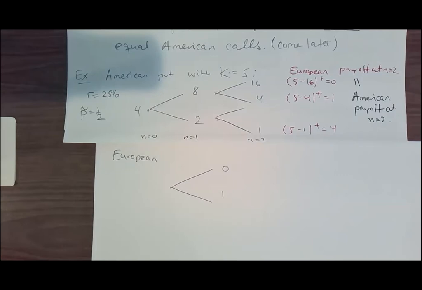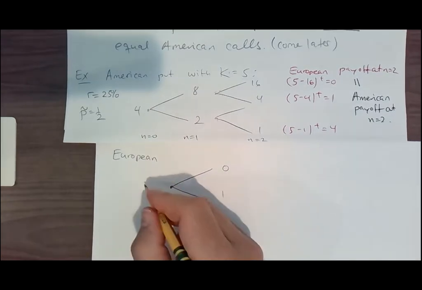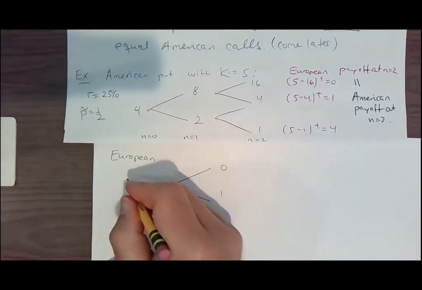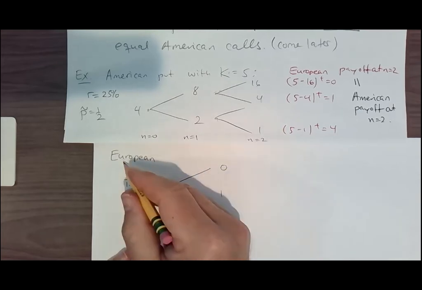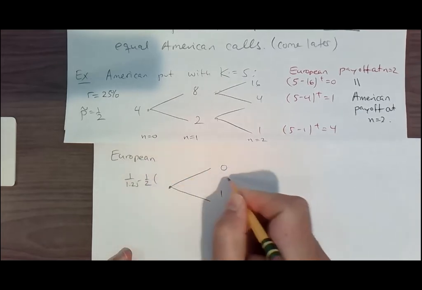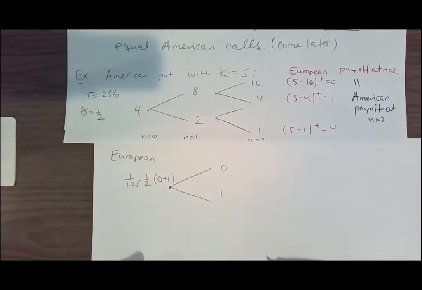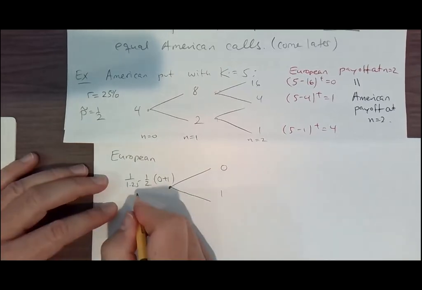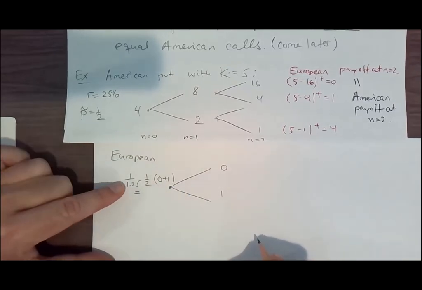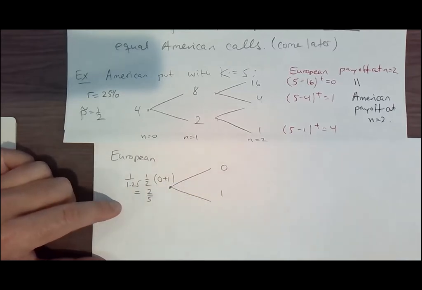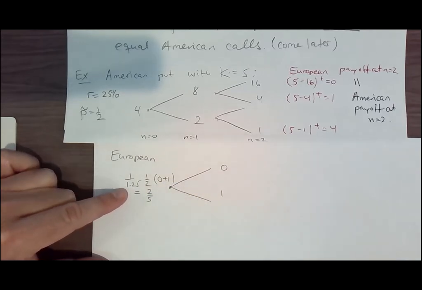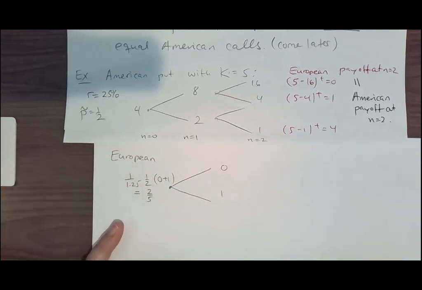And so what will be the price here? Well, you have to take the payoff, discount it. So this is 1 over 1.25. Take the risk neutral expectation, so that's a half. And then you take 0 plus 1. If you work out what this is, that would be something like 2 divided by 5. So that was the European one in the top node.